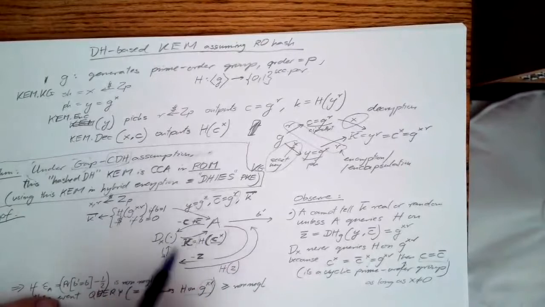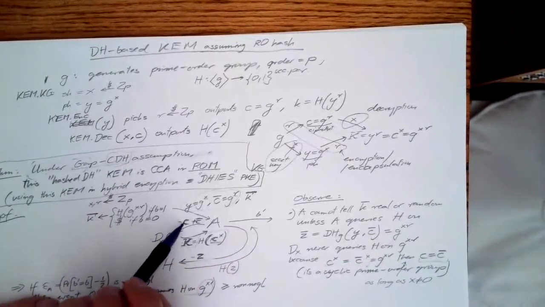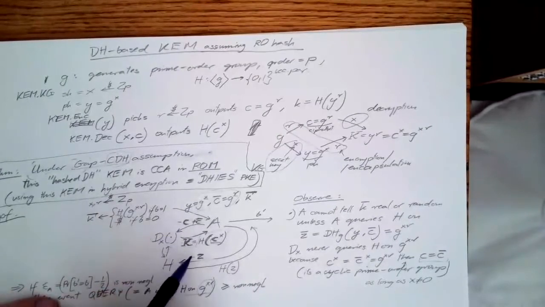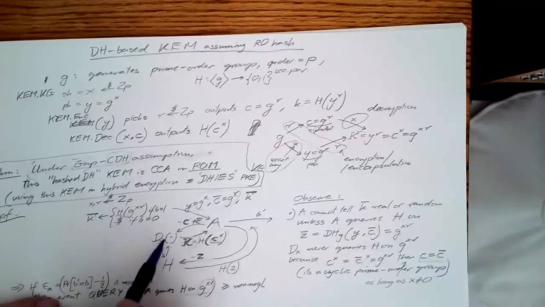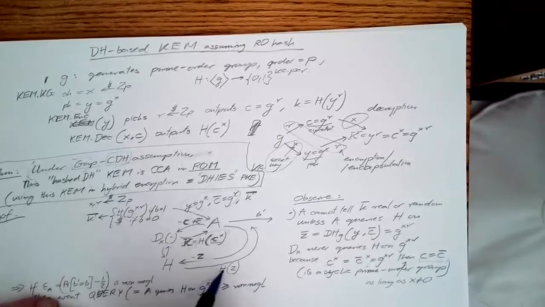So the adversary makes many of these. There are many Cs, C1, C2, C3. It's like a big table of Cs and capital Ks, which were answered as presumed decryptions, quote unquote, right? Simulated decryptions. Here, there is a whole table of different Zs, Zj, and the hash values on them.